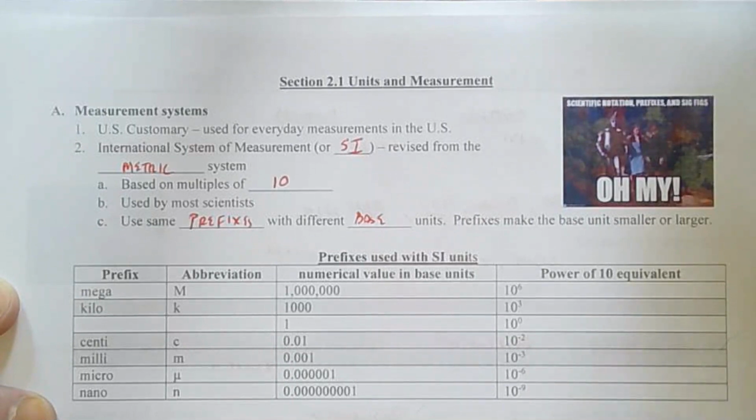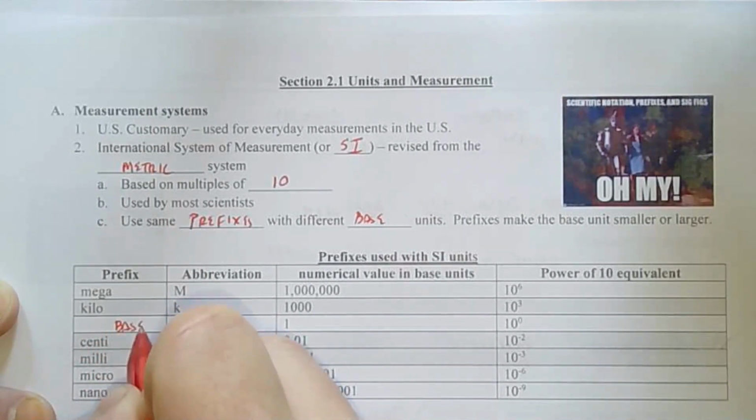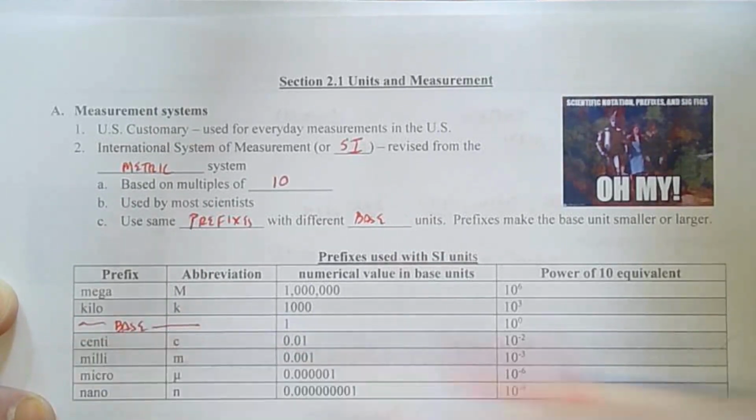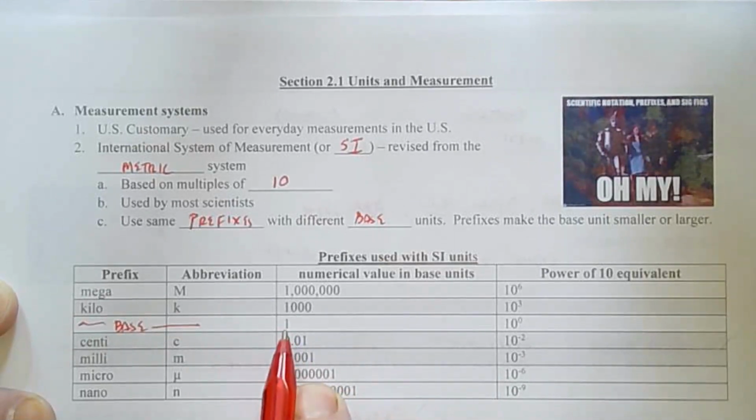So for example, mega, usually you see as a prefix, going to be a capital M in front of whatever the base unit happens to be. Kilo is a lowercase k, centi, milli, micro, and nano. And roughly this row right here would be considered the base, whatever the base unit is. Kilo, mega, much bigger than the base unit. All of these down here, centi through nano, much smaller than the base unit.